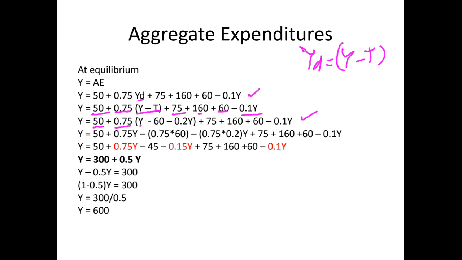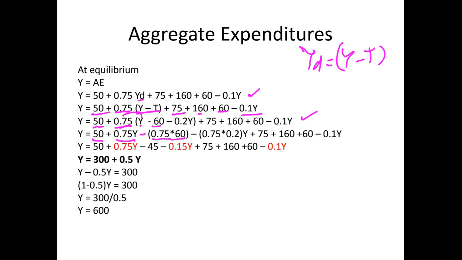Now open this bracket. So this is how I open this bracket. 50, same 50. Then I open this bracket with 0.75. So 0.75 times Y. Then 0.75 times 60, so minus 0.75 times 60.